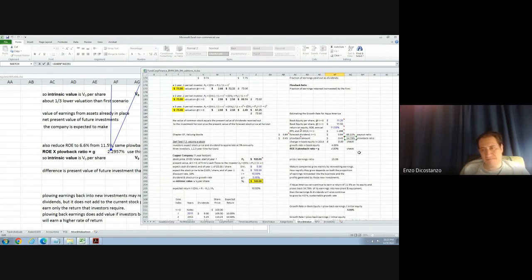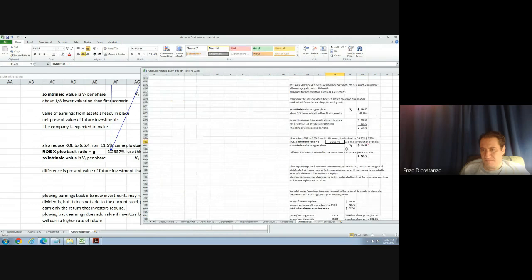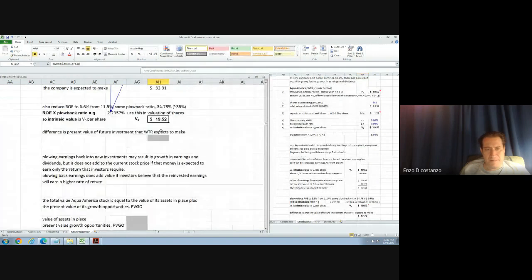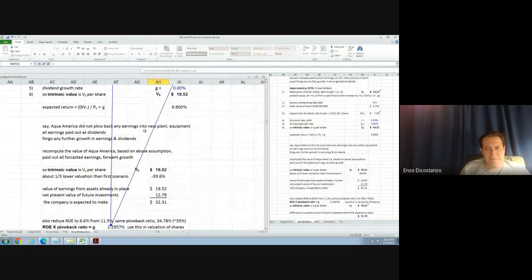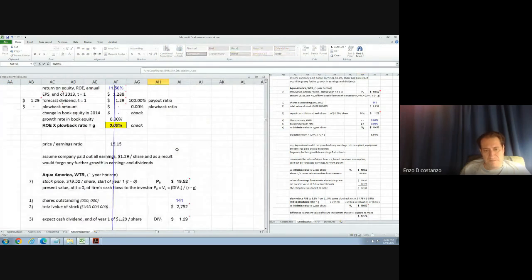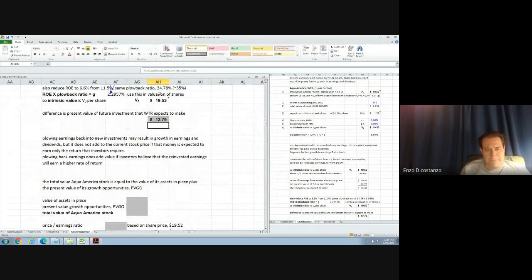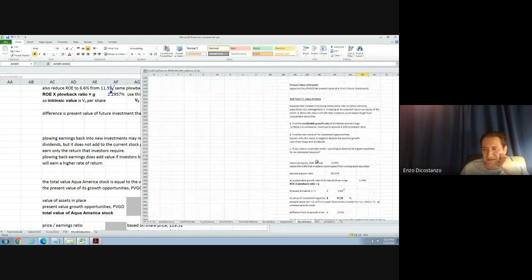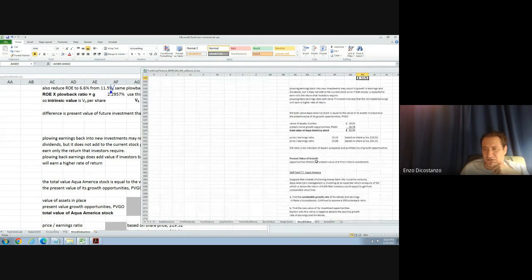Okay. And this is just simply the difference. And this is the present value of future investments. So the stock price is broken down into those couple pieces. And then we have a little more to go here.